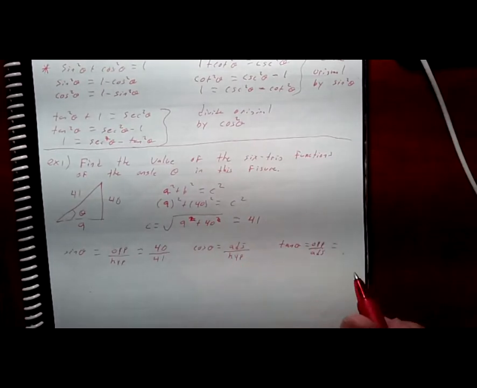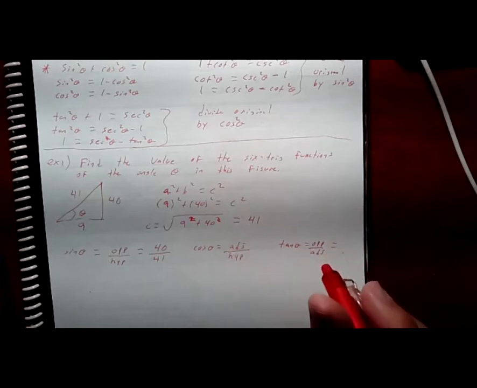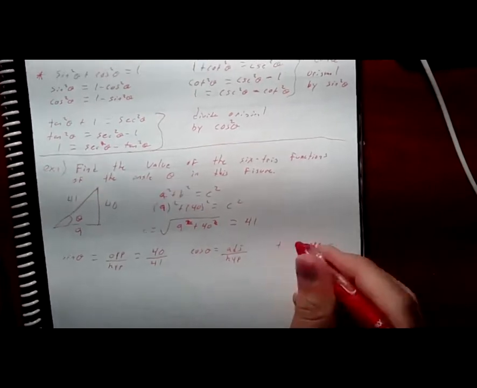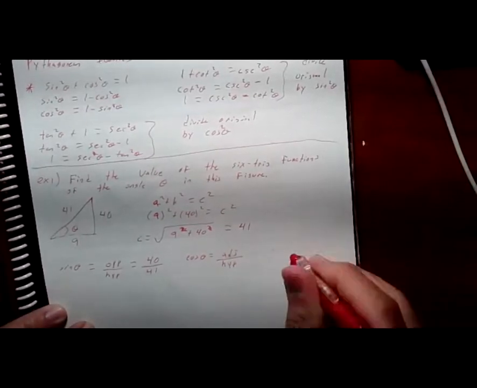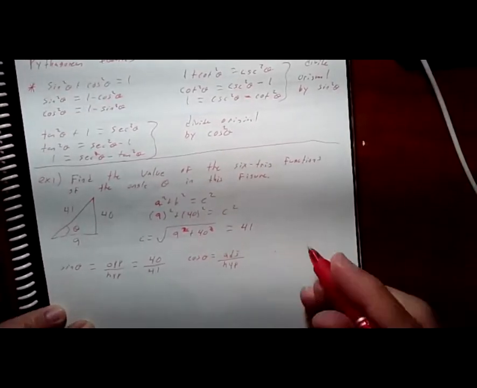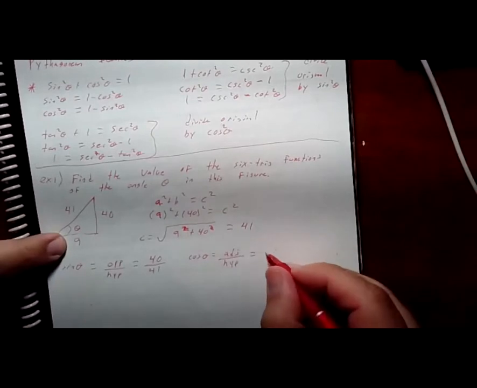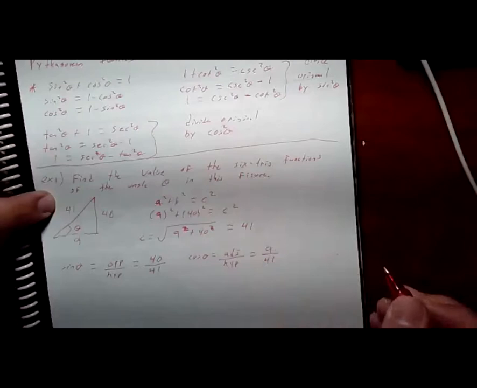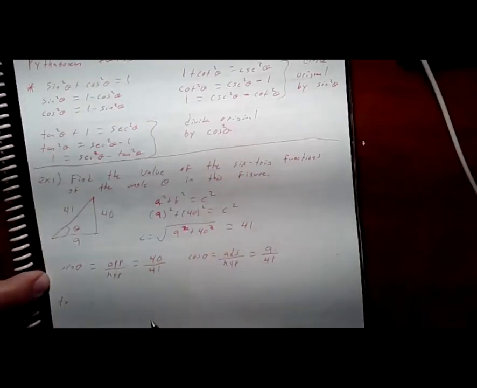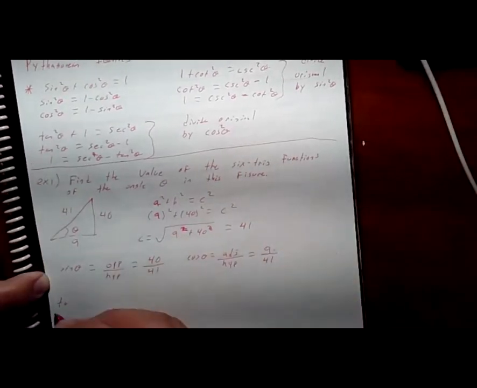Yeah, I don't think I have space. That's fine. Sorry, I guess I'm a little distracted today. Adjacent being 9, hypotenuse being 41. Just go ahead and do a tangent right here.